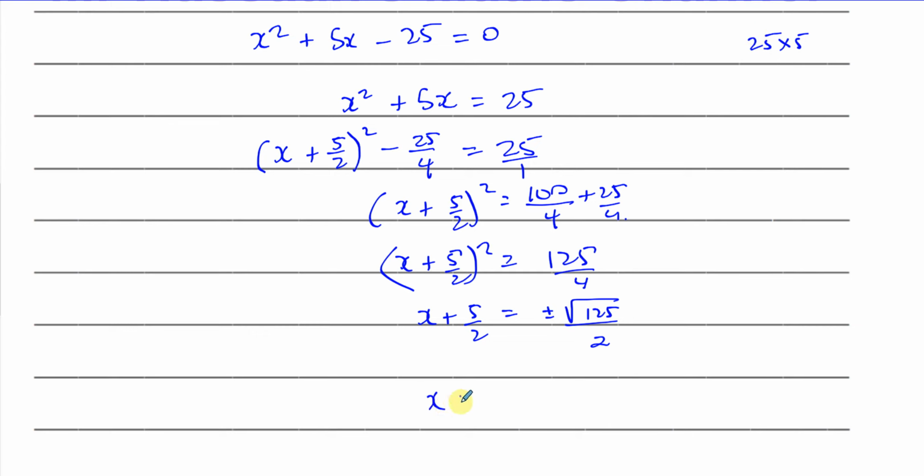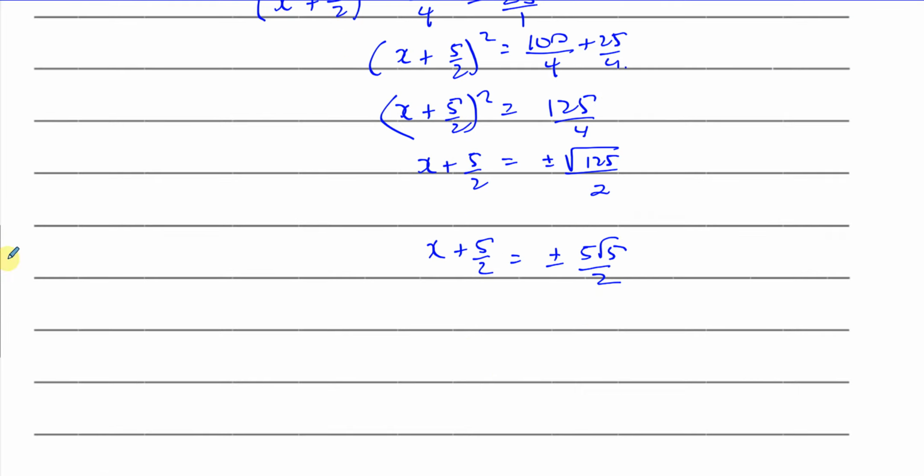So you have x plus 5 over 2 equals plus or minus 5 times root 5 divided by 2. So your answer for x is going to be minus 5 plus or minus 5 times root 5 over 2. Now we know that the lengths cannot be negative, so the length has to be positive only.